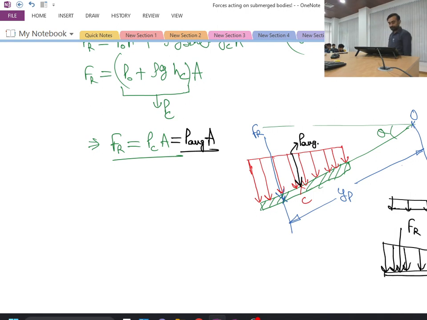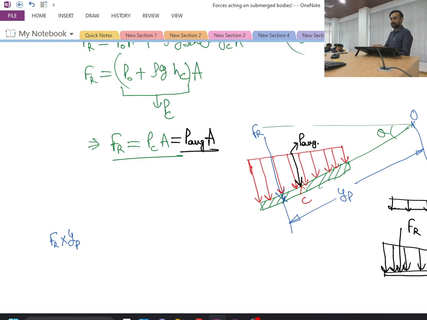Is this point clear? So if I take this particular moment, then what I will be getting is Fr into yp. Fr is the normal force, so moment is nothing but force multiplied by the distance. In between the distance vector and force there should be a 90-degree angle.